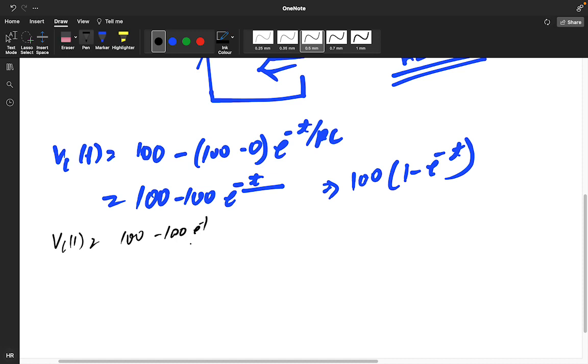So you will get 100 into (1 minus e power minus 1), which is 63.21 only. So we are getting 63.21 volts at Vc of 1.